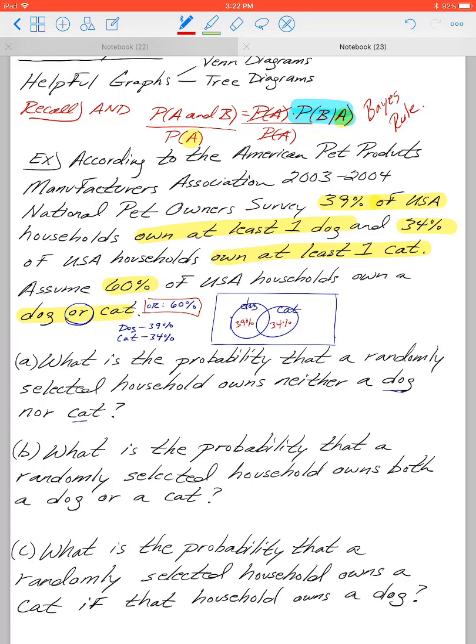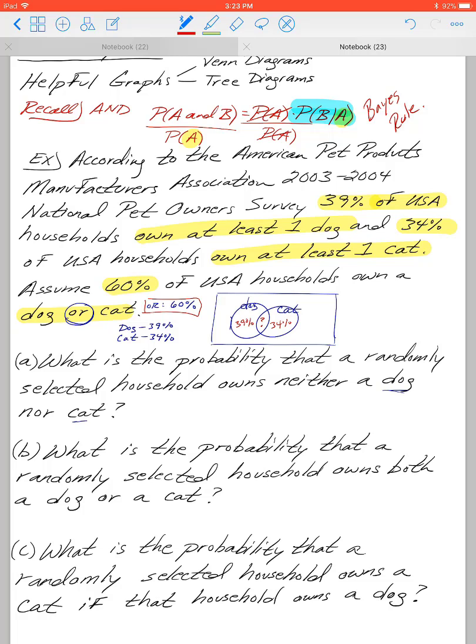If these two bubbles in the Venn diagram must add to be 60%, yet I know the total amount for dog and the total amount for cat, can I figure out this intersection? Maybe you can.